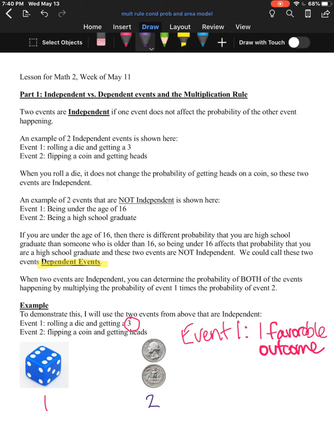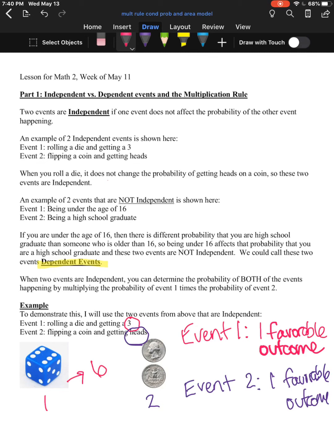So event number 2 also has one favorable outcome, and that favorable outcome is the heads itself. The die could have 6 different numbers turn up, and the coin could have 2 different outcomes turn up. So, how do we work out the probability?